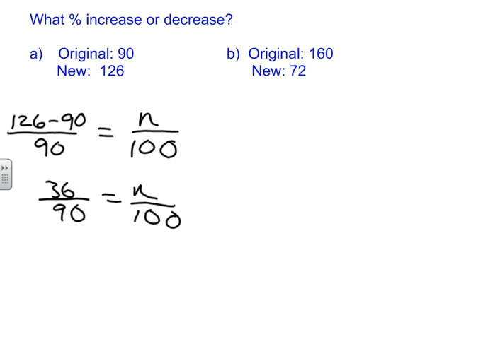Can somebody find a factor that could go into both 36 and 90? What is that, Lauren? Say something bigger. There's a fun one. 9. How about 9? I like that one. Because when we put a 9 into 36, what do we get? 4. And when we put a 9 into here, we get 10. And look at this beautiful thing. 10 times what is 100?